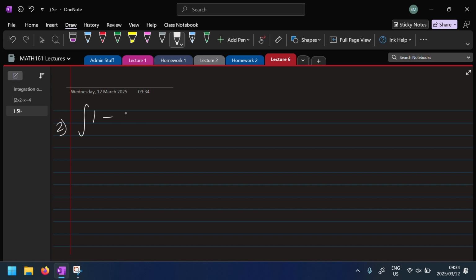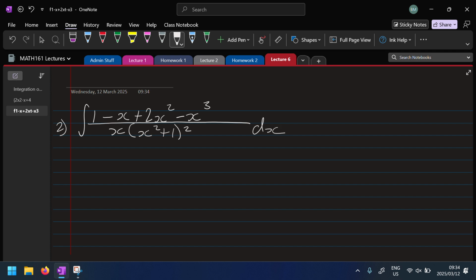Integral of 1 minus x plus 2x squared minus x cubed, all over x times (x squared plus 1) squared. Okay, so some things a little bit easier, some things a bit more difficult. First of all, let's look at the degree of the top and the bottom.